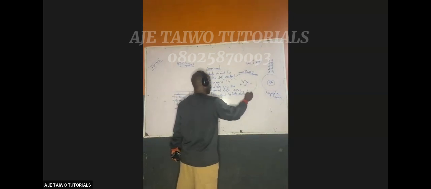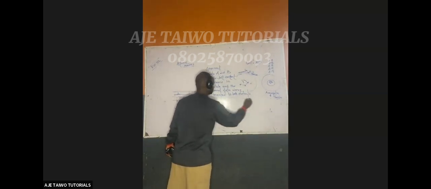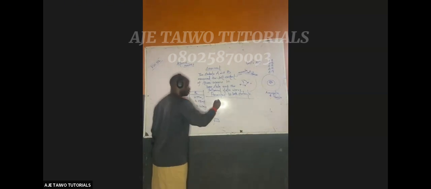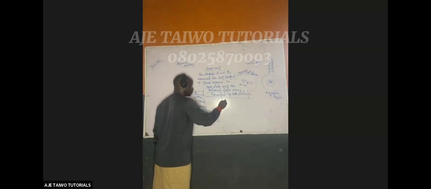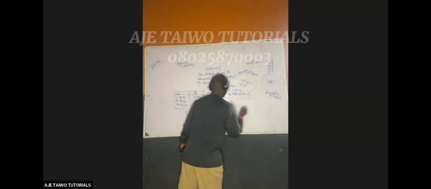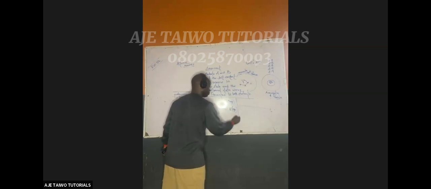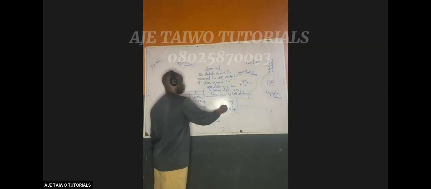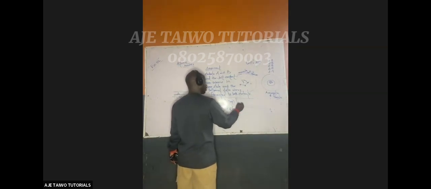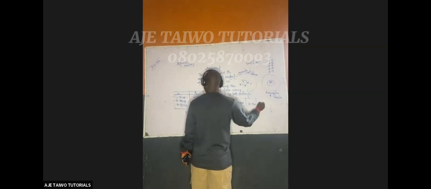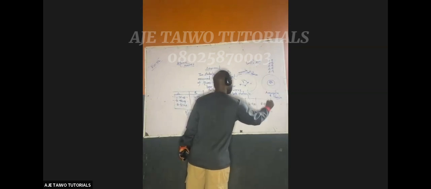These are how questions are set on this topic. Student A: 2.84, 2.92, 2.81.